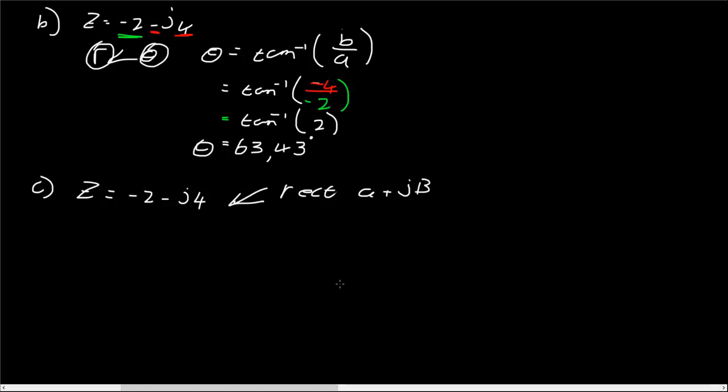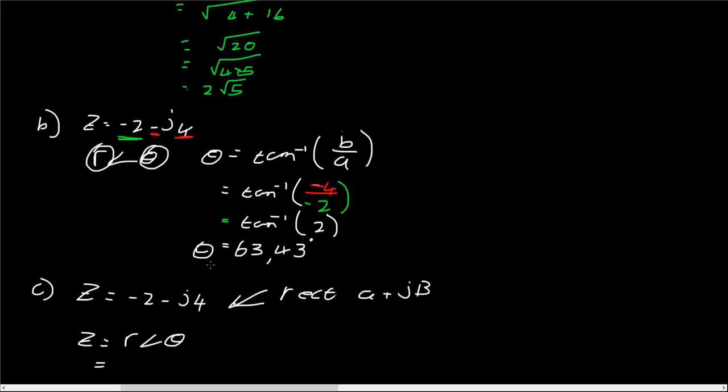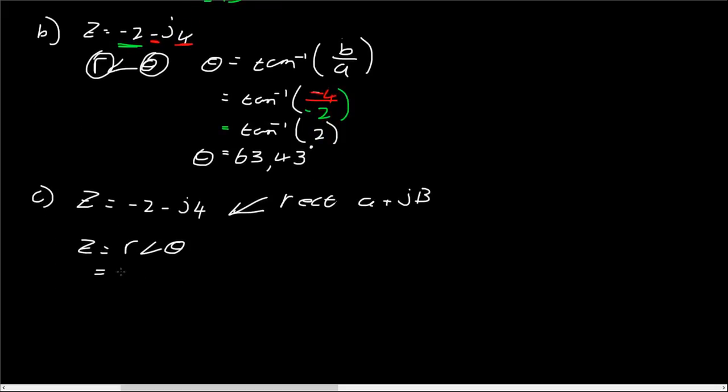And polar form we know is z equals r angle theta, and we've already calculated r and theta, so all we're going to do here is use the r and theta we calculated. So r is 2 root 5. You could also get that in a fraction or in a decimal form if you wanted. 2 root 5 angle 63.43 degrees. And that's it.